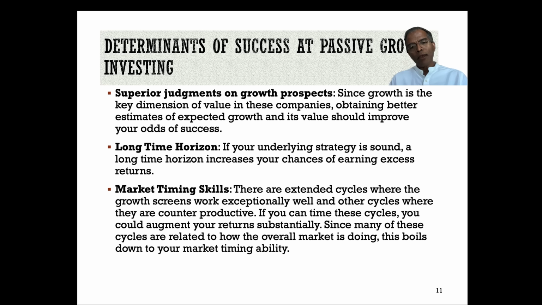As with IPOs, with growth stocks, there are periods where growth screens work better. And if you can time these market cycles where growth screens work better, you might be able to earn a higher return as well. There's a market timing component to growth investing that might not be a factor when you did value screening.